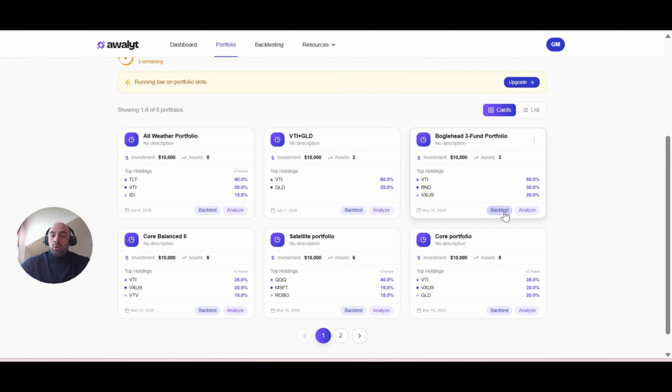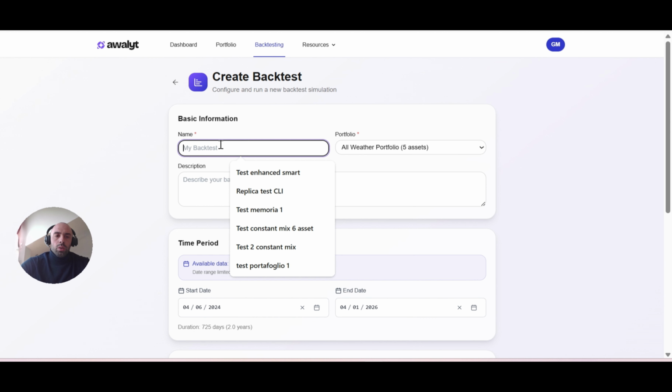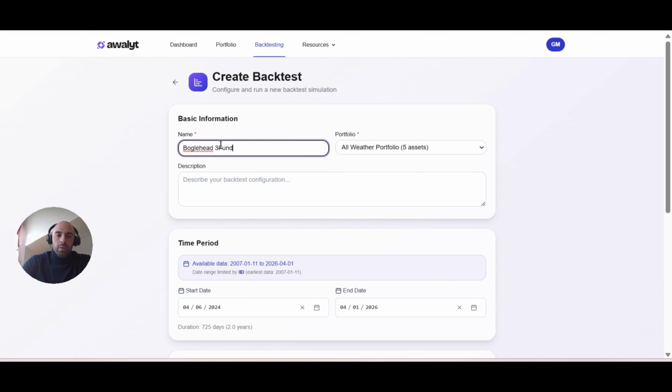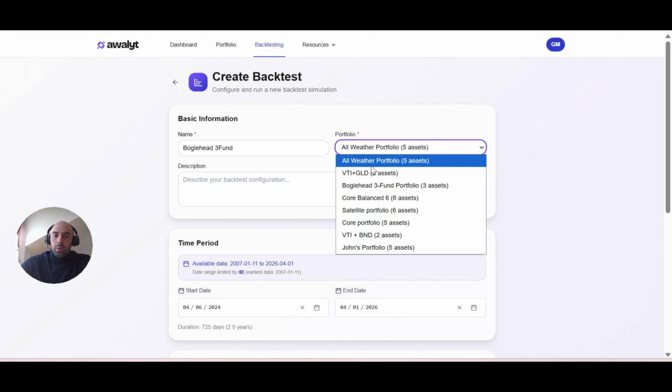Then we are going to create a configuration for this backtest. So we will call this backtest Boglehead three-fund, and we will choose this portfolio.